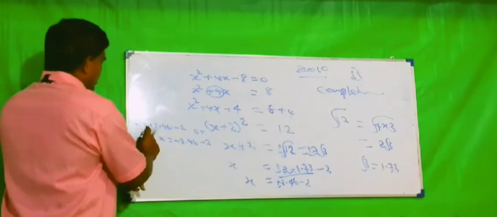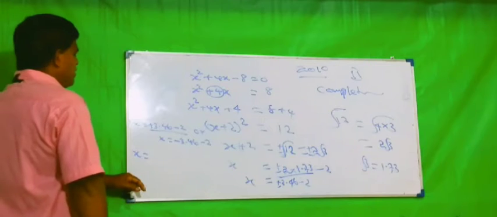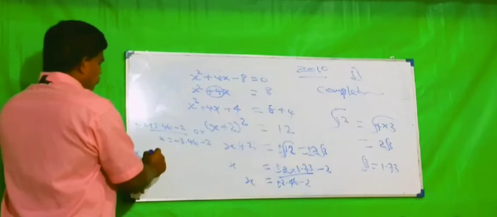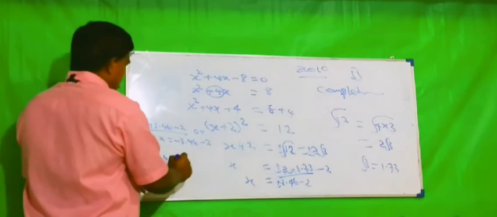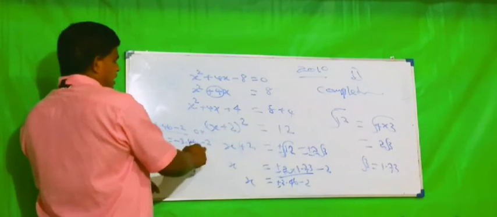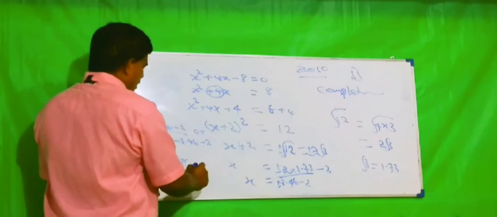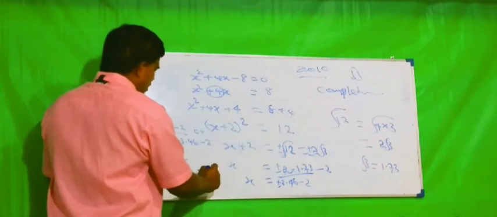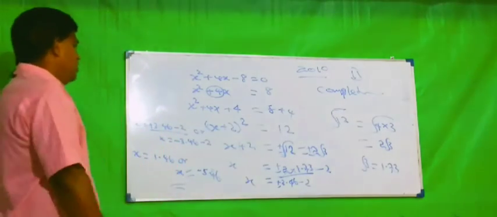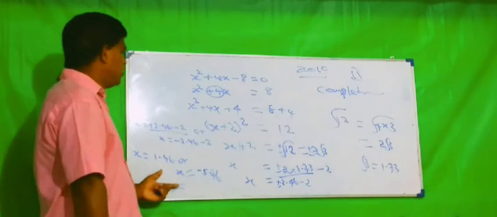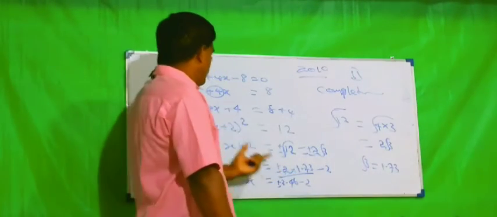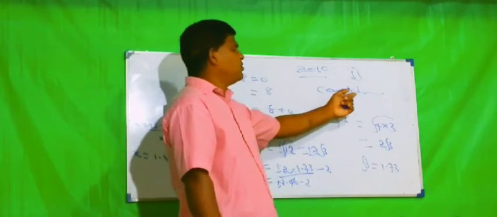Now by simplification, x equals 1.46, or x equals, here both are negative so they are added negatively, minus 5.46. So these are the solutions of this equation. So we used the method of completing the square.